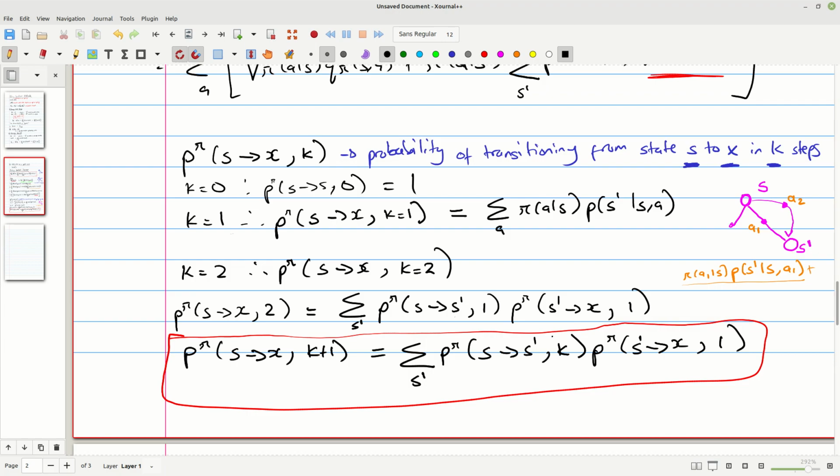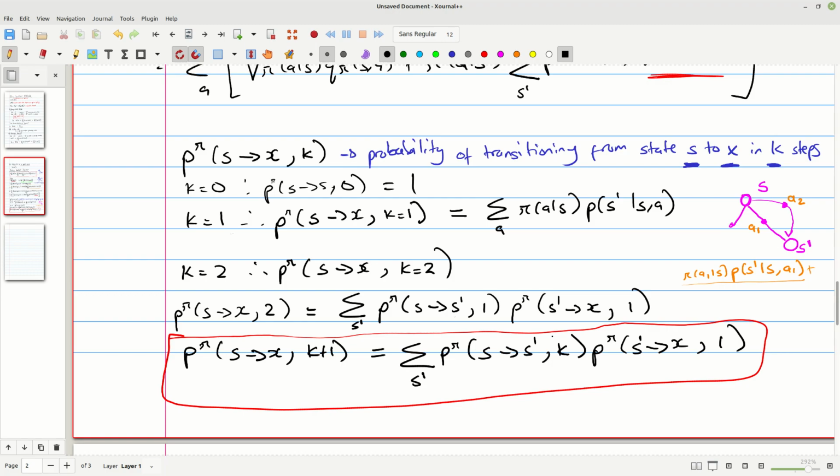This leads us to estimating the average amount of time that we spend in a particular state in a given episode. That's why we're computing these probabilities, but we'll get to that in a moment.